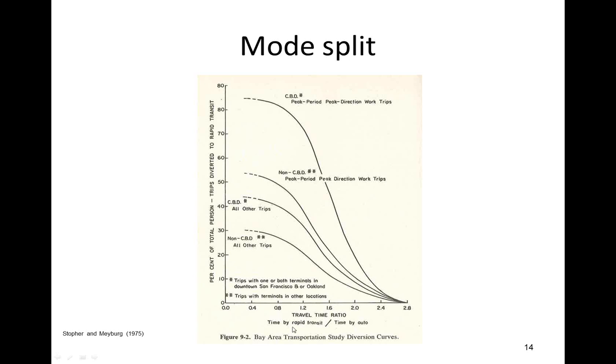So depending on the attributes of the rapid transit, which can include not just travel time but also travel cost, convenience, and other modal attributes, this has to be compared against the competing modes such as auto, walking, and cycling. Then the mode that has the most advantageous attributes is the one that will get chosen, or is more likely to be chosen.